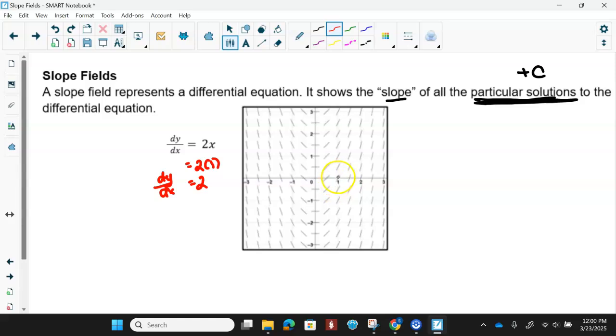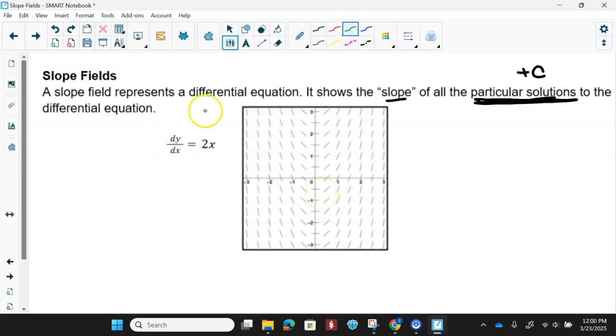Notice how it's a positive slope here versus notice at negative 1. So if I had negative 1, now notice the slope is negative 2, and notice the change in the direction. So here, ultimately, notice that that's why these lines are changing, because at given points, the slope is different.